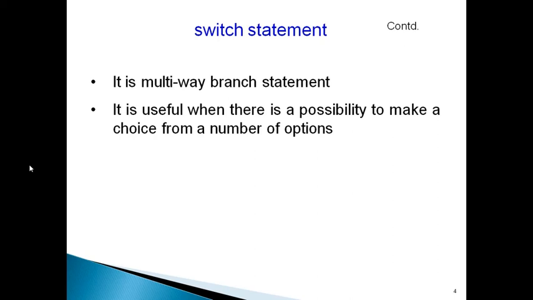The else if ladder is also used to choose from more than two choices. Here, the switch statement is also a multi-way branch statement, used to choose any one choice from a number of options available.